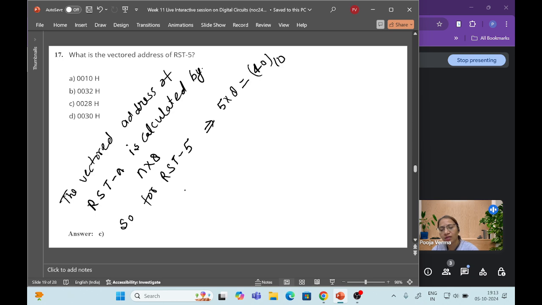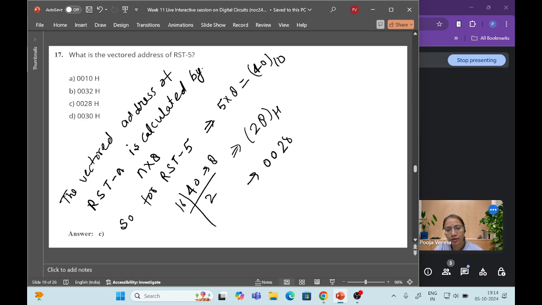If we want to convert it into hexadecimal, we divide, so that means 28 in hexadecimal. So we can write it like this, 0028H. The vector address for RST5 is 0028. So option C is the correct answer for this question.